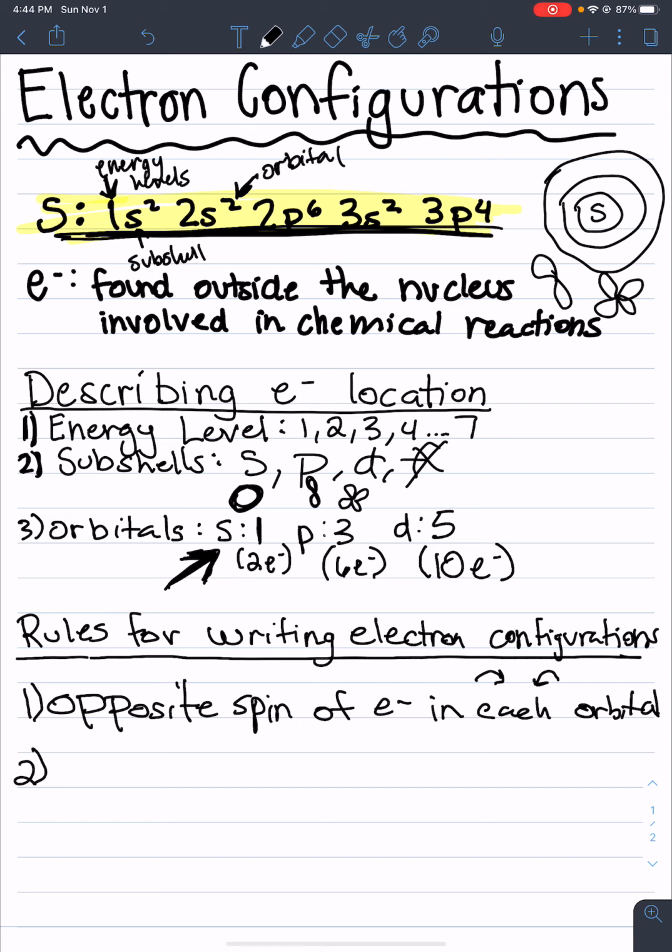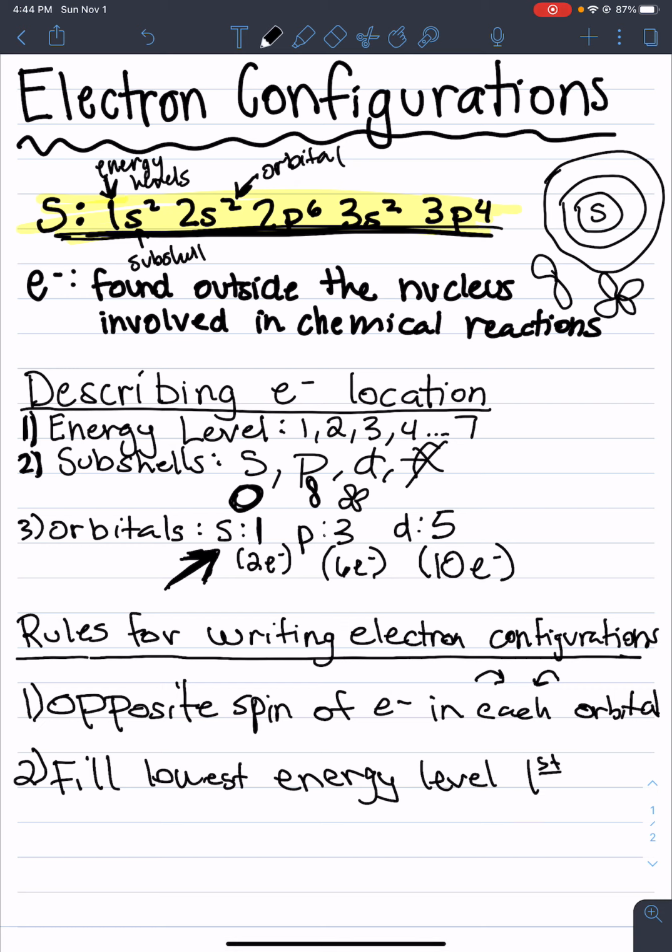So our next rule for writing is that we're always going to fill our lowest energy level first. So remember, the energy level is dealing with the 1, the 2, the 3, the 4, to the 7.